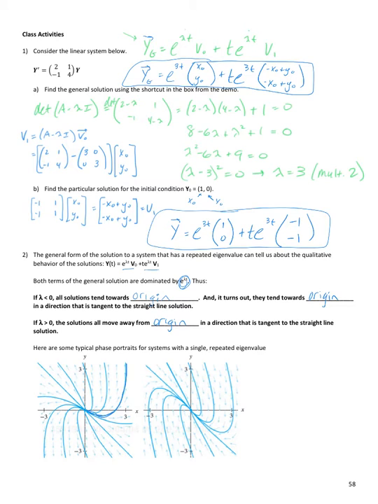It leaves tangent and then sort of swirls around and ends up parallel to the other side of the straight line solution. And then here we have a sink, and the solutions all come in tangent to the straight line solution.